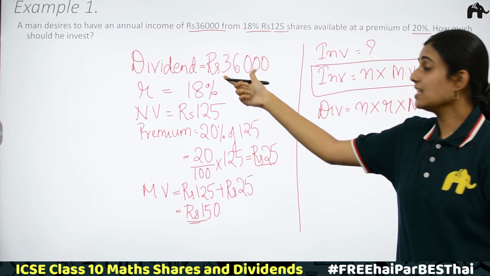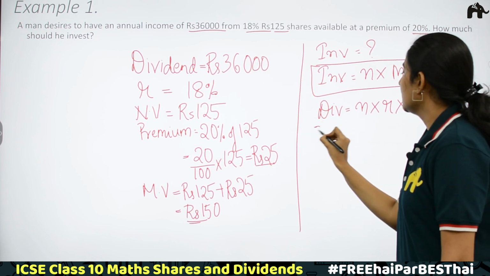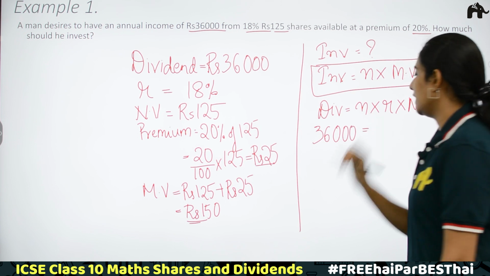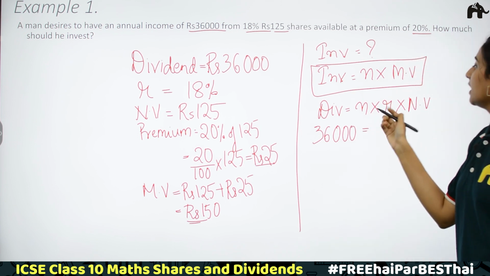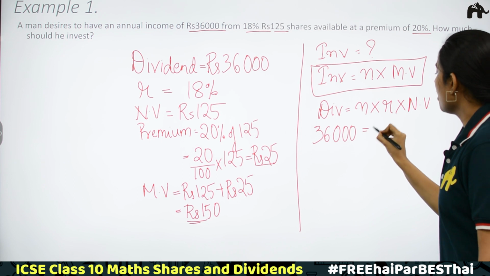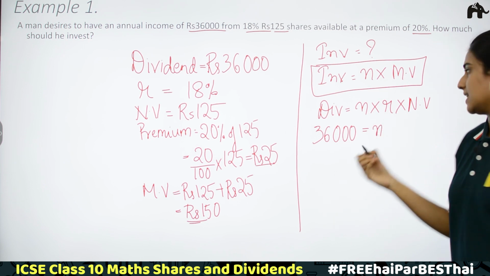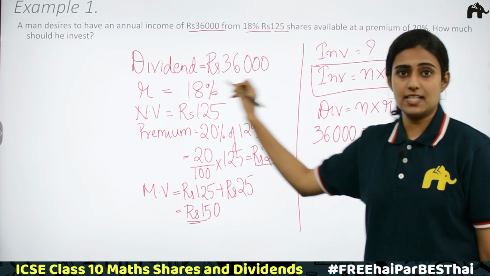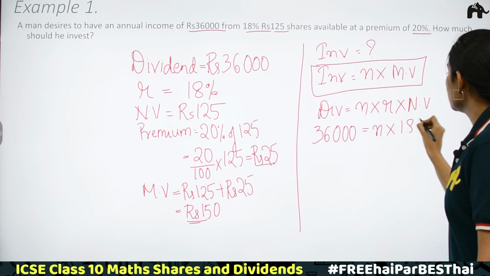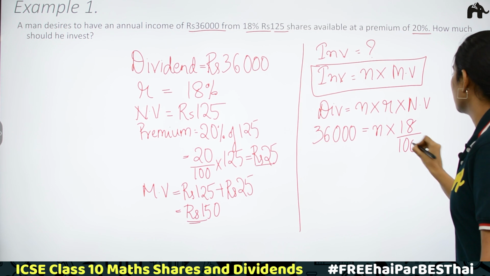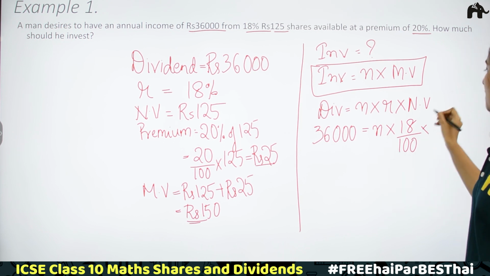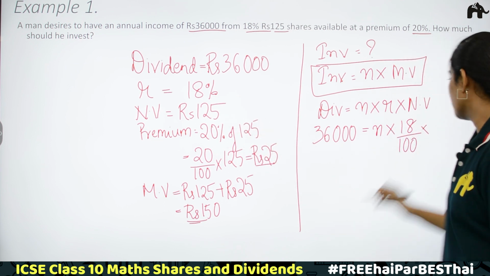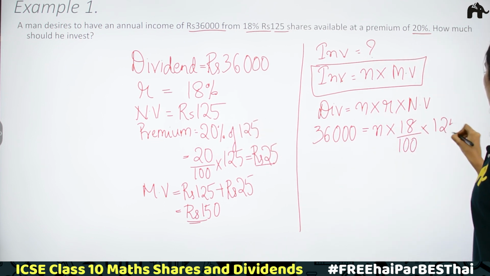Here, what is the dividend? 36,000. 36,000 is equal to number of shares. We don't know, we'll keep it as it is. Into rate 18%, which means 18 by 100. Nominal value of one share, that is rupees 125.